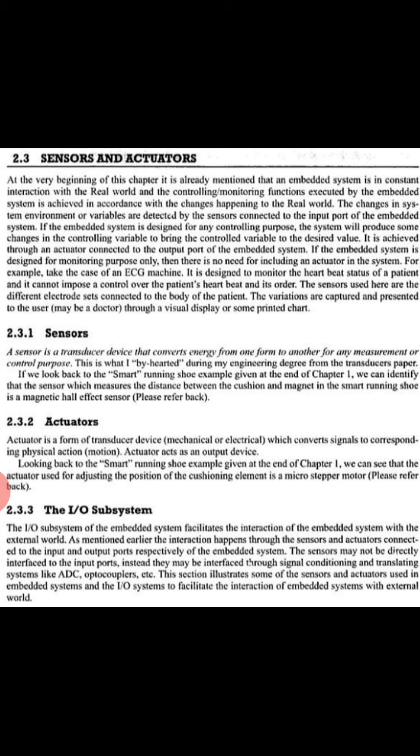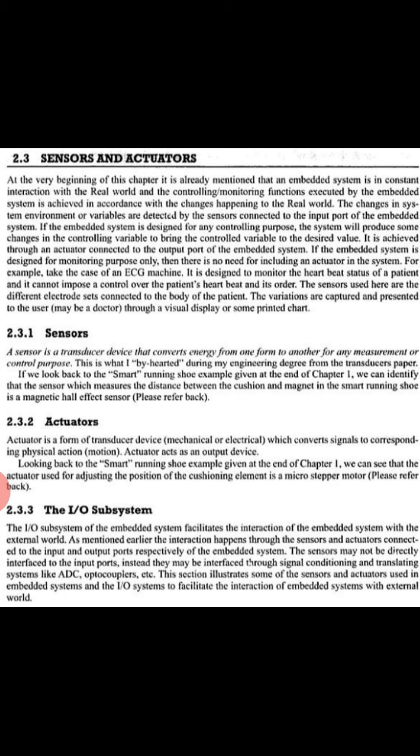The changes in the system environment or variables are detected by the sensor connected to the input port of the embedded system. If the embedded system is designed for a controlling purpose, the system will produce some changes in the controlling variable to bring the controlled variable to the desired value.